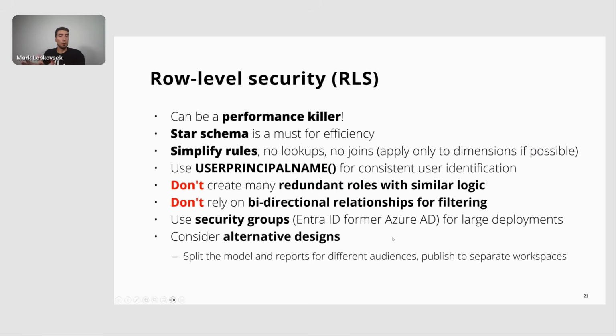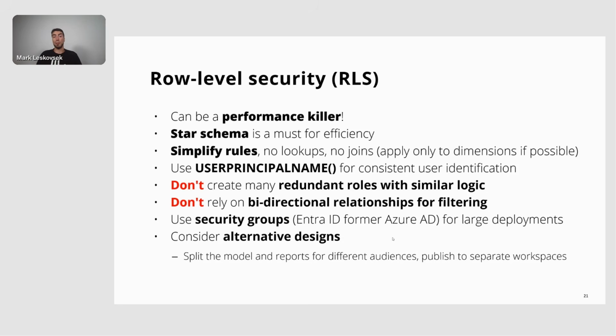Okay, and if the row level security becomes too complex to maintain or slows down your reports noticeably, maybe this alternative design is an approach that you can use, to rethink the model architecture or user segmentation.